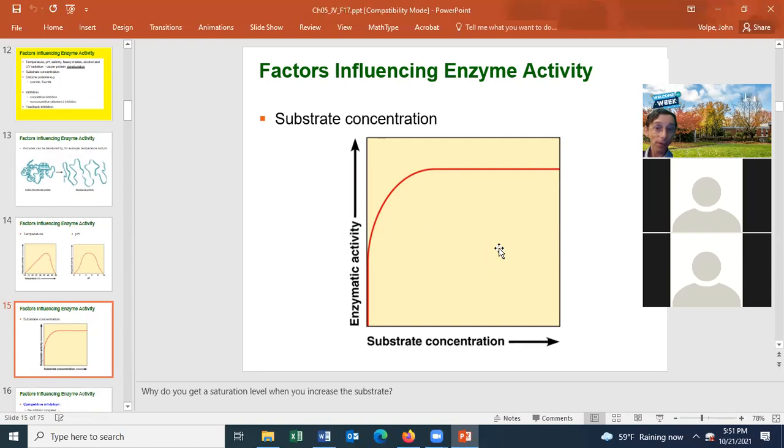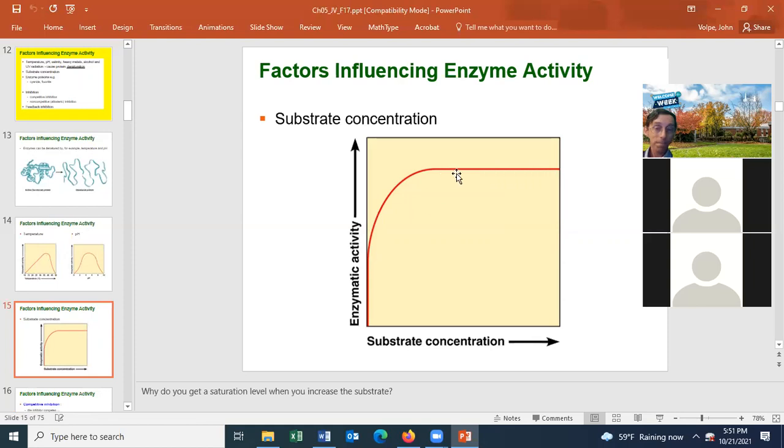Enzymes have more activity when you increase the substrate. So when we increase the substrate over here, we note that the enzyme activity increases up to a point. When we get here, when we increase the substrate concentration, the enzyme activity no longer increases.